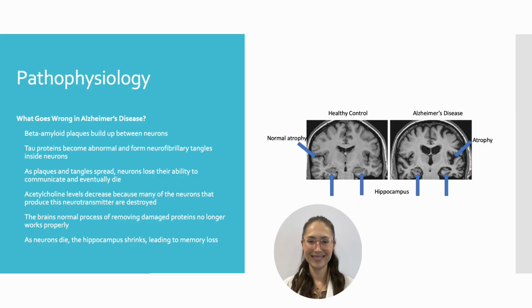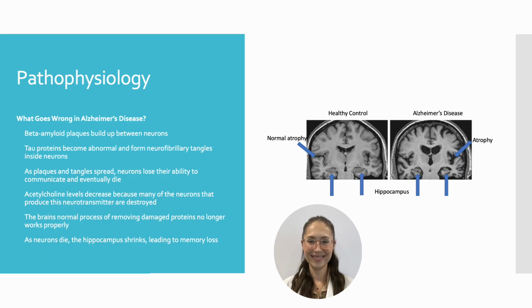This slide explains what goes wrong in the brain when someone has Alzheimer's disease. First, sticky beta amyloid plaques build up between brain cells, and abnormal tau proteins form tangles inside the cells.